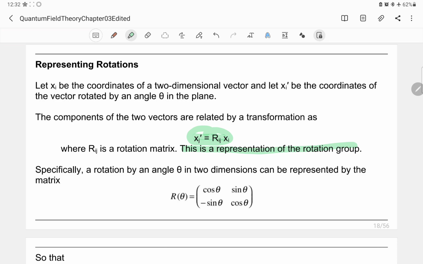That is a matrix with elements rij. So specifically, if you remember lectures in vectors, you encounter this one, and your rotation representation is just given by this matrix here.